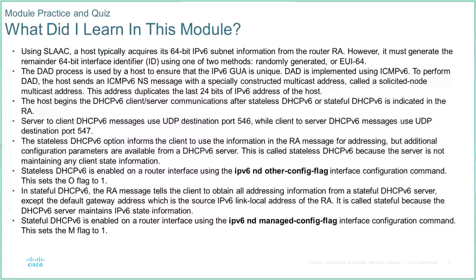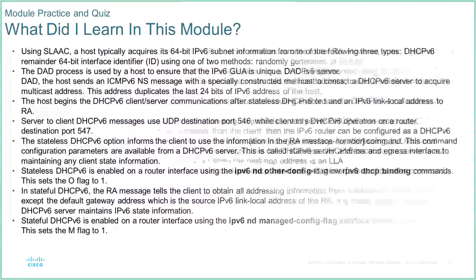We had a look at the UDP ports 546 and 547 for use under DHCP version 6. And then we had a look at how we can configure the O and M flags so we can specify the configuration method that we want to use.